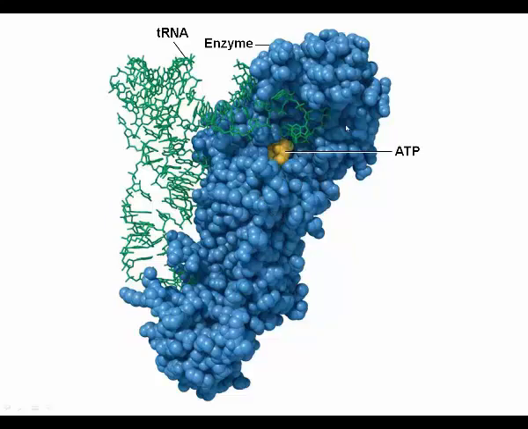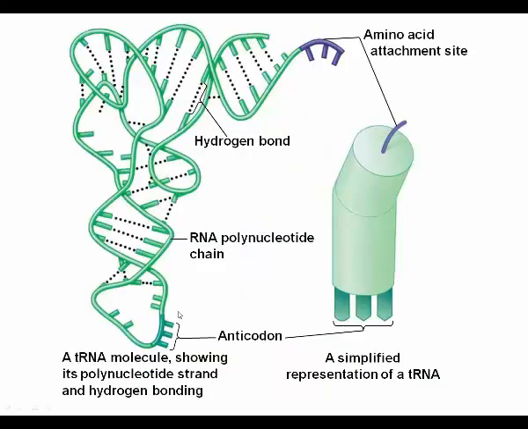These 20 different synthetases recognize all the tRNAs that must have the corresponding amino acid attached. So there's a synthetase that would specifically recognize AAA and attach phenylalanine, which is the encoded amino acid by the codon UUU.